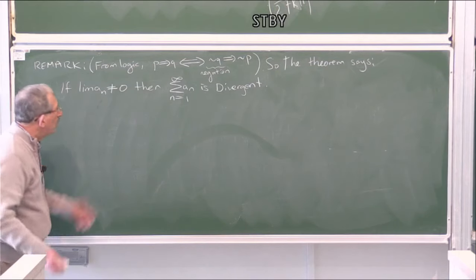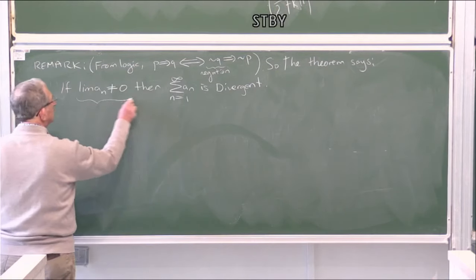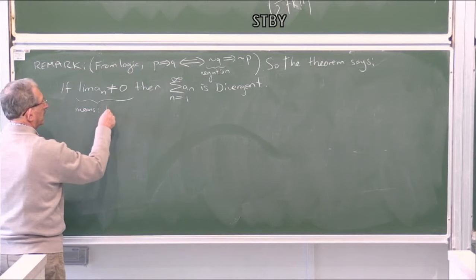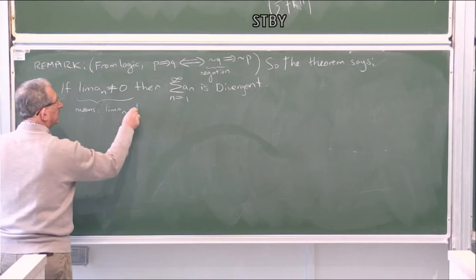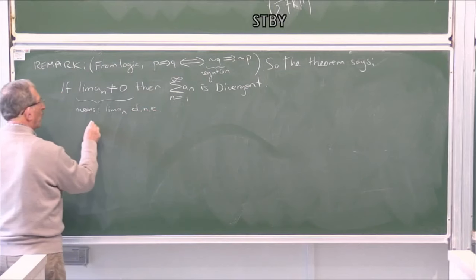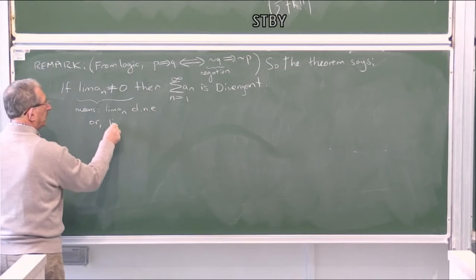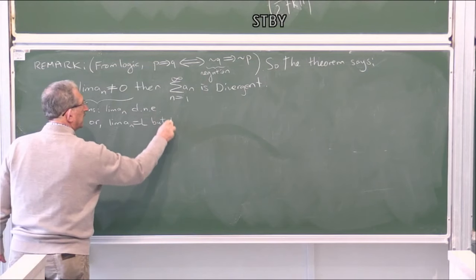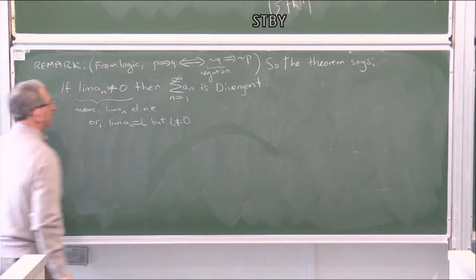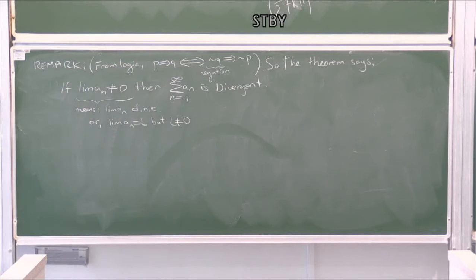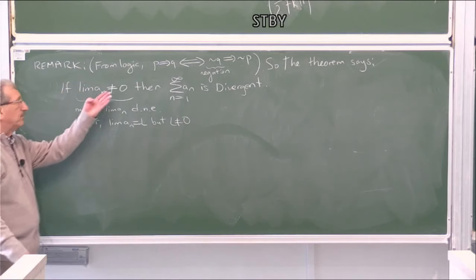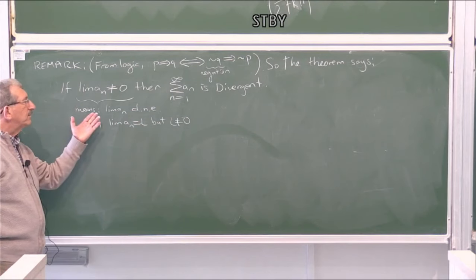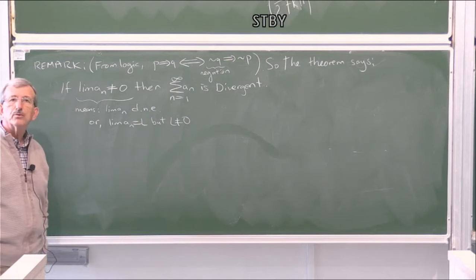So this means the limit of a_n does not exist, or the limit of a_n is L, but L is not 0. If there's a limit, not 0 means it's a different value. If it doesn't have a limit, it means directly there's no 0 limit.